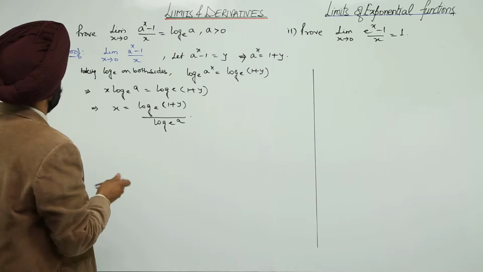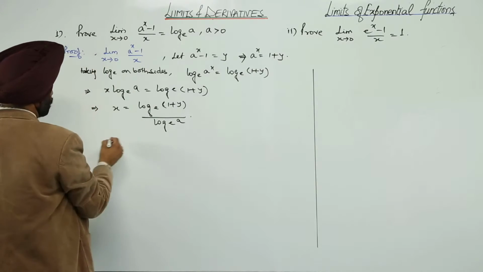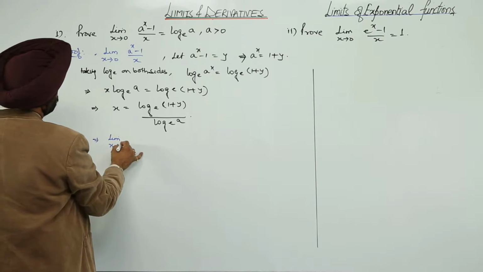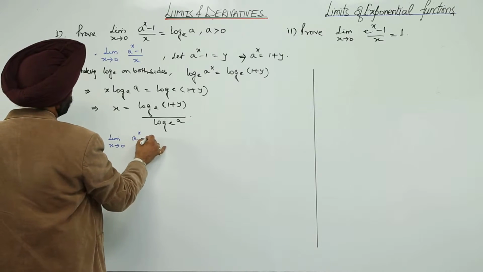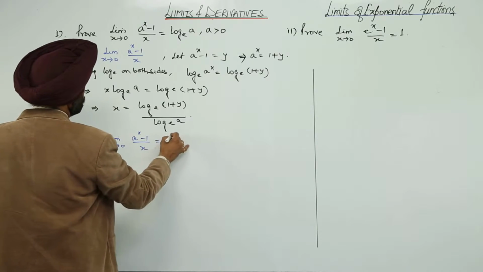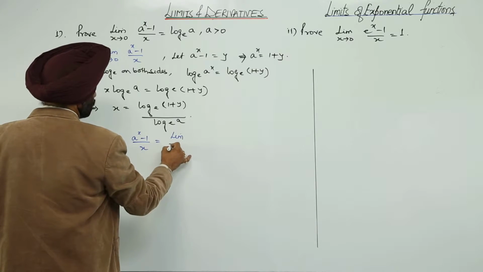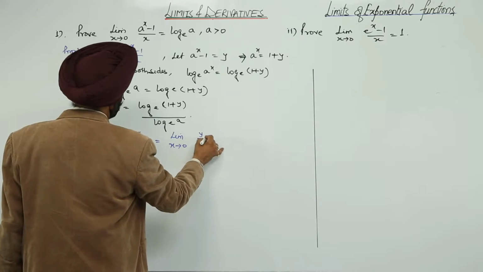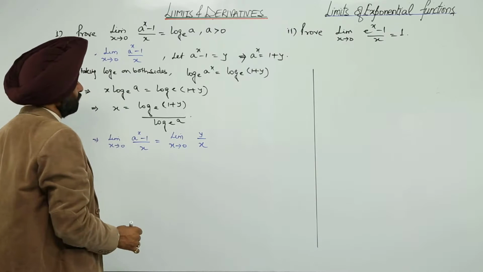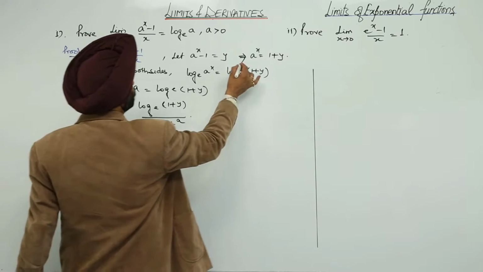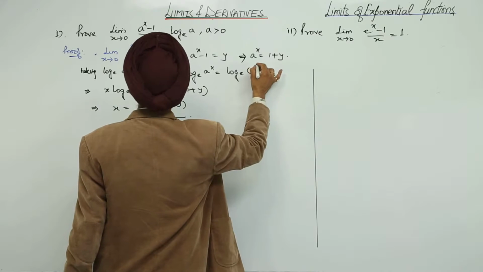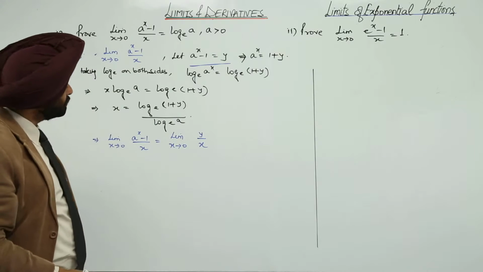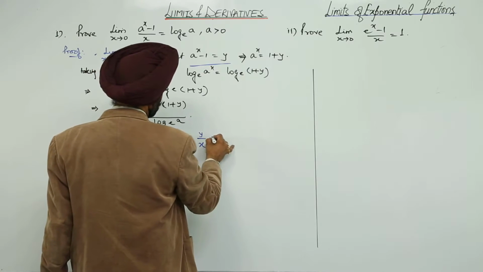From the very beginning, limit x approaches 0, (a raised to power x minus 1) upon x is equal to limit x approaches 0, y upon x. Why? Because we have taken that a raised to power x minus 1 is y. Is it clear?